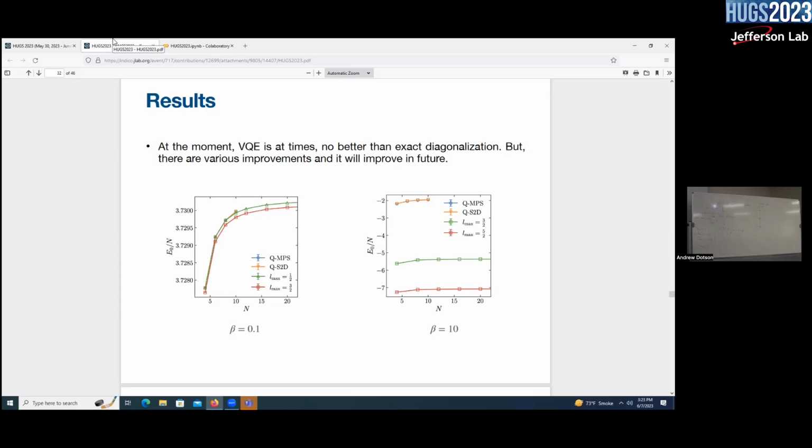But as soon as you go to very strong coupling, which is the interesting regime for taking the continuum limit, because, as I said before, the O(3) model is similar to QCD in that it's expected to be asymptotically free, in the sense that as you go to higher and higher energies, it becomes free. So in reality, large beta is the interesting regime. And we see that the VQE does terribly here. The VQE has no convergence to the classical tensor network computations.